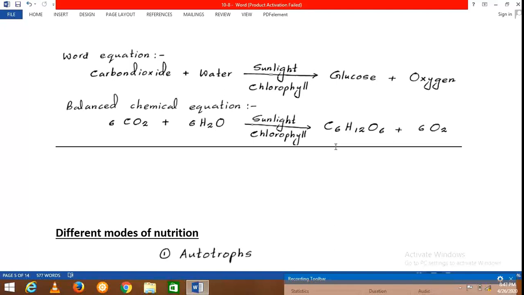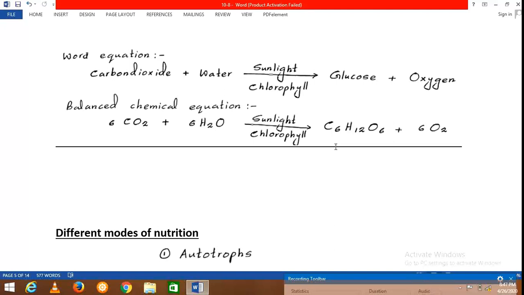This glucose is temporarily stored in leaves in the form of starch, and that starch is translocated to the other parts of the plant in the form of a sucrose solution.